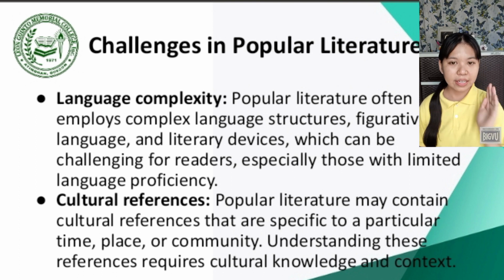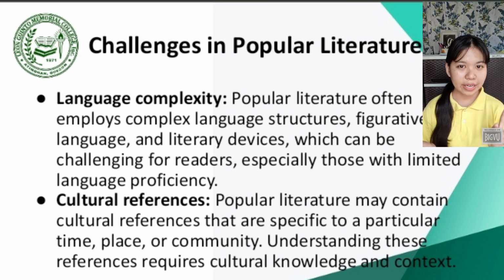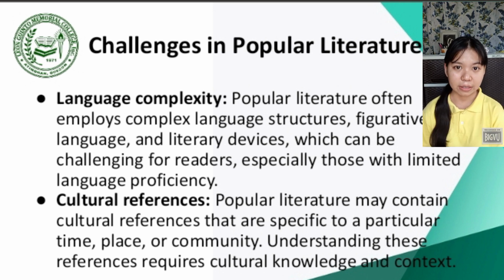So, learning and understanding popular literature can pose certain challenges, and some of the common challenges include: number one is language complexity. So, popular literature employs complex language structures, figurative language, and literary devices, which can be challenging for readers, especially those with limited language proficiency.